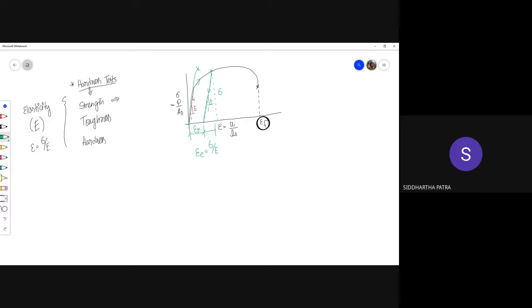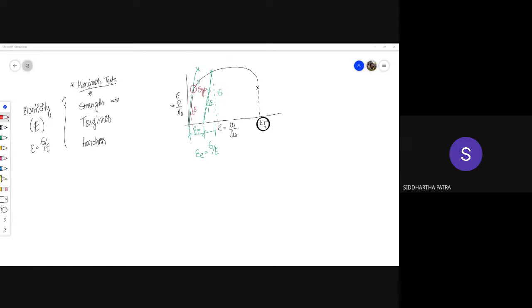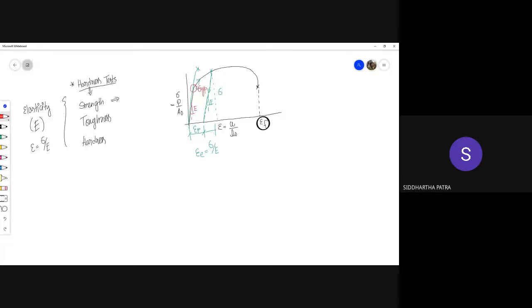Now, once you are in the plastic domain, first of all, you encounter something called a yield point, which can be representative of both the maximum stress that a material can have with solely elastic deformation, and also the initiation of plastic deformation.